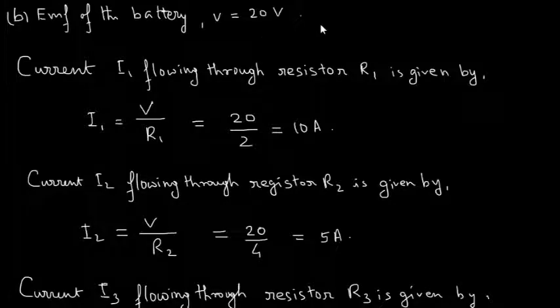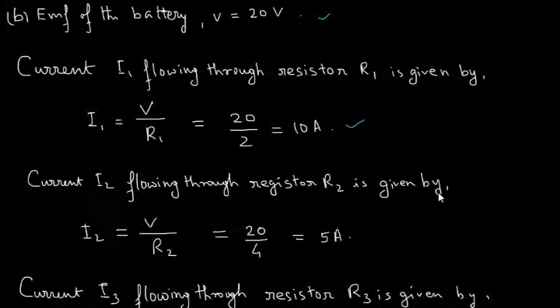The solution of part B: EMF of the battery V is equal to 20 volt. Current I1 flowing through resistor R1 is given by I1 is equal to V by R1, that is 20 upon 2, that is 10 ampere.